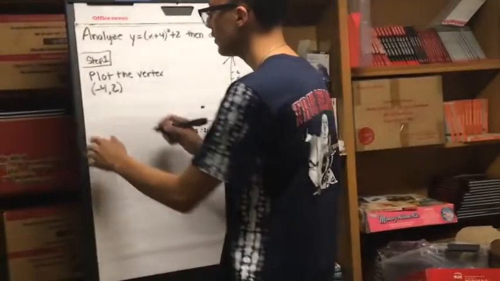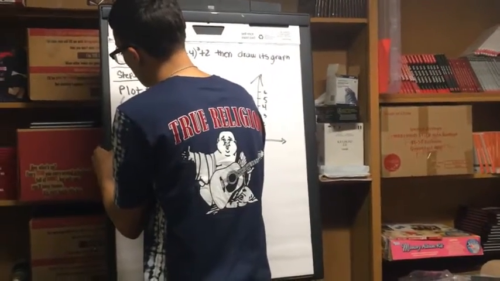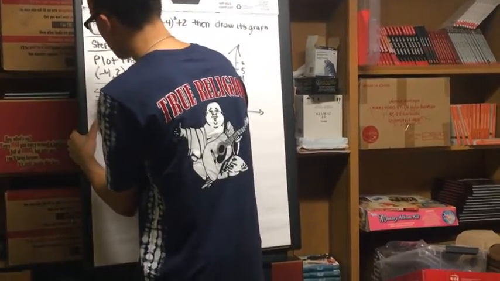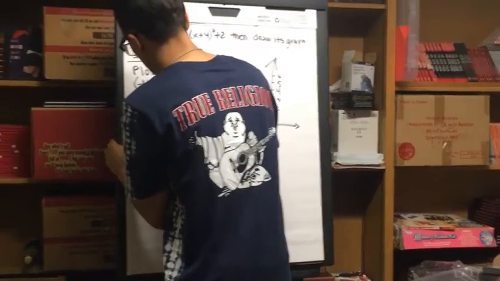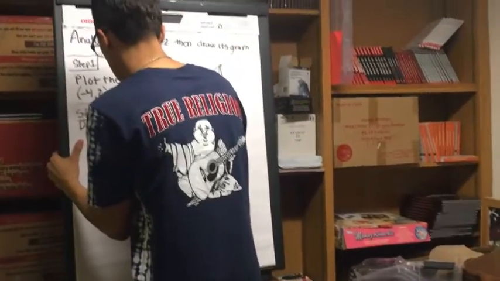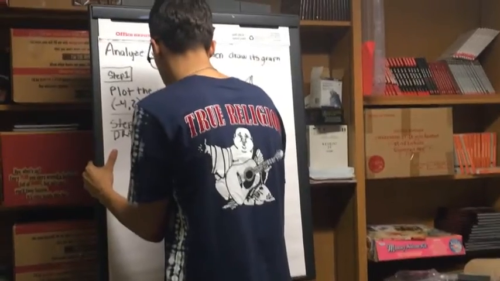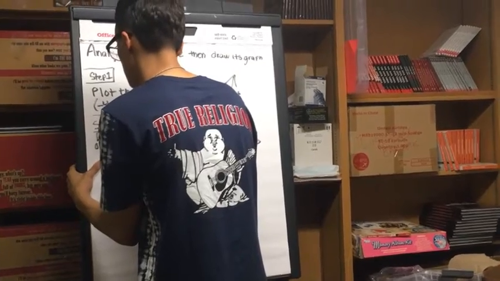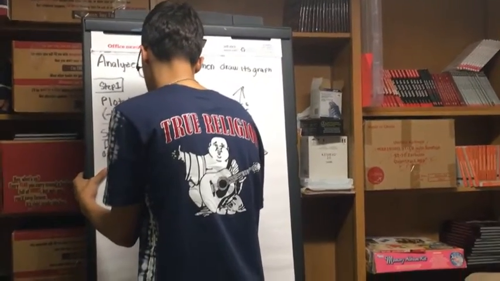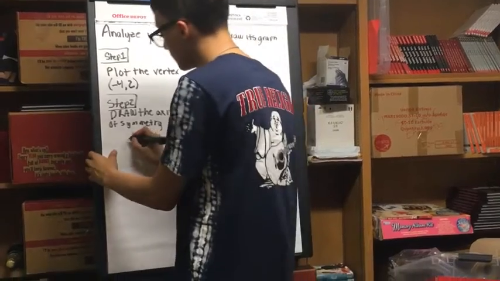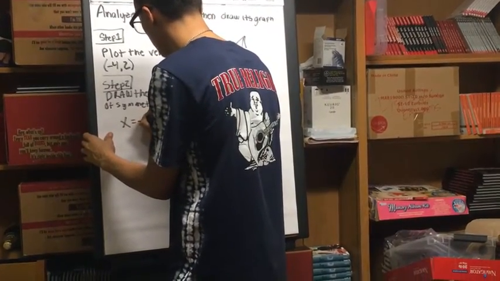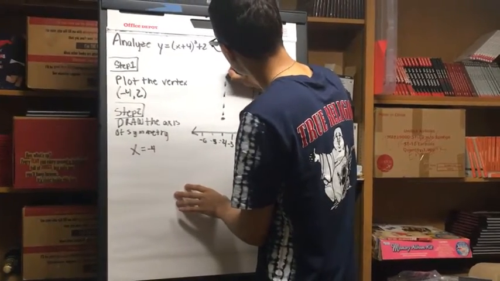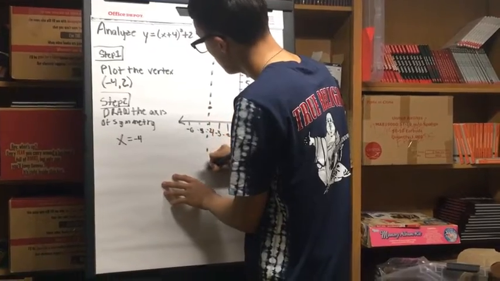Then we're going to do step 2, which is to draw the axis of symmetry, which is going to be x equals -4, because this is where the vertex is. We're going to draw a line like this so we can know where it's at.